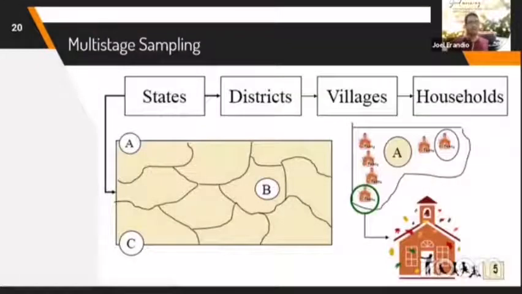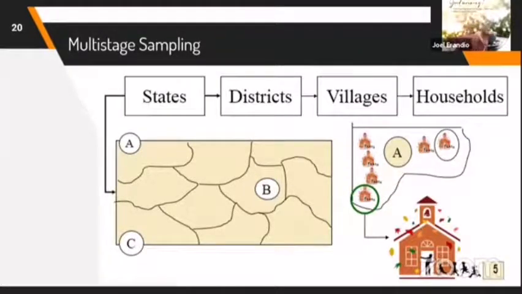Okay, so moving on, aside from the probabilistic and the non-probabilistic, the third one is the mixed. In mixed sampling, we have three. The first one is the multi-stage. This is common. Ito yung kalimitang ginagamit ng mga researchers, hindi lang nila alam na yung ginamit nilang sampling is a multi-stage.